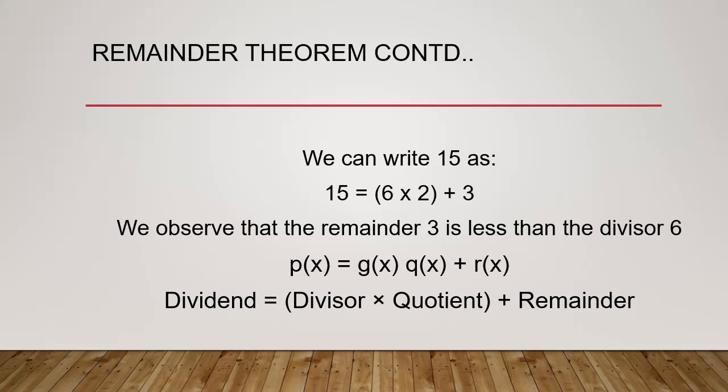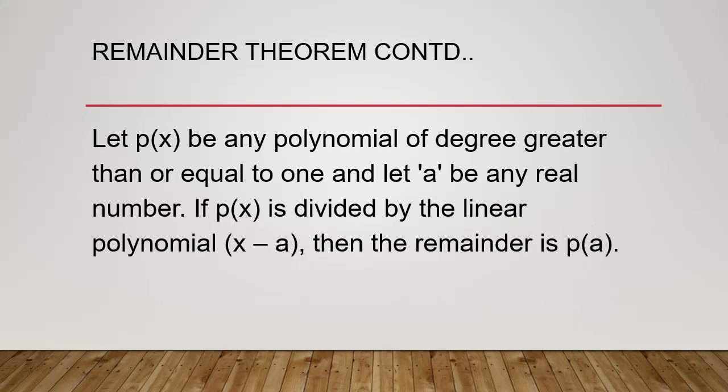Now observe that our remainder is 3, which is less than the divisor 6. So in our example, 15 is our dividend, 6 is our divisor, 2 is quotient, and 3 is our remainder. So simply we can represent it as p of x equals g of x into q of x plus r of x in terms of polynomials.